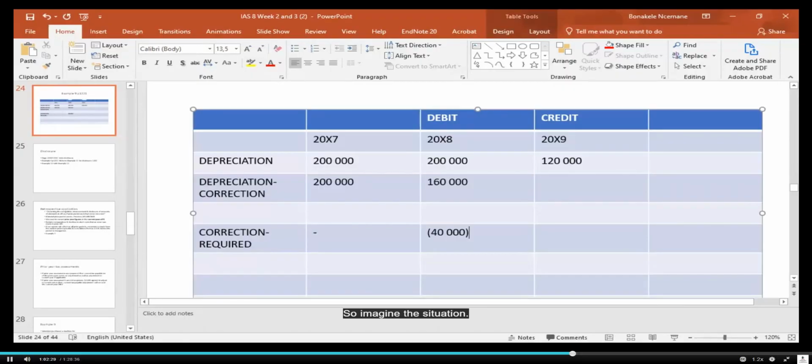But now, if we had depreciated more in the current year, what would have been the impact? Imagine the situation. If they had depreciated less in that current year, what would have been the impact? On deferred tax.